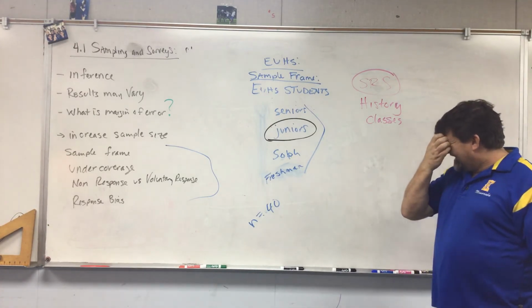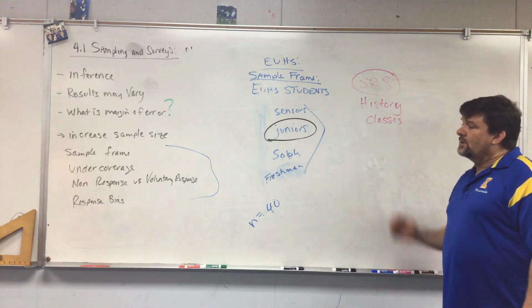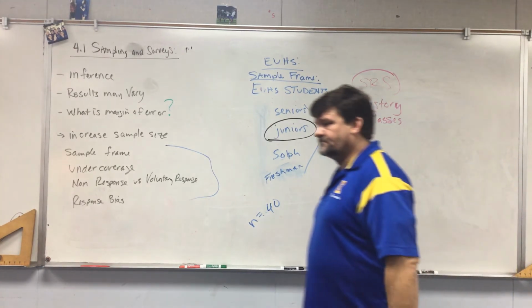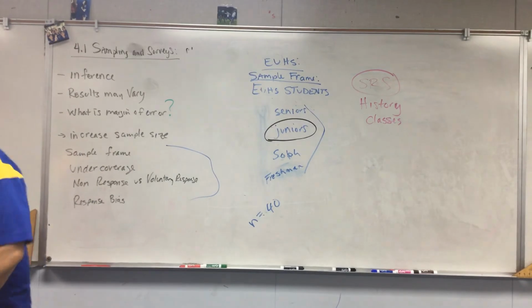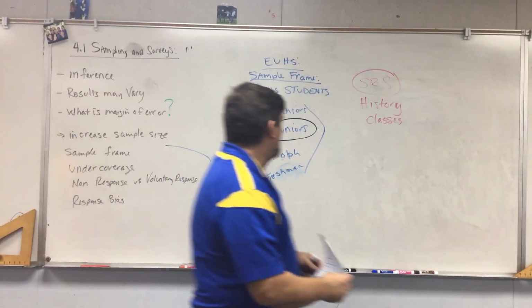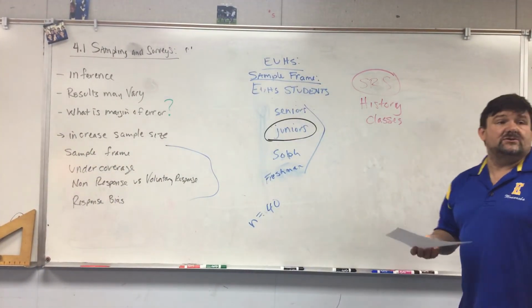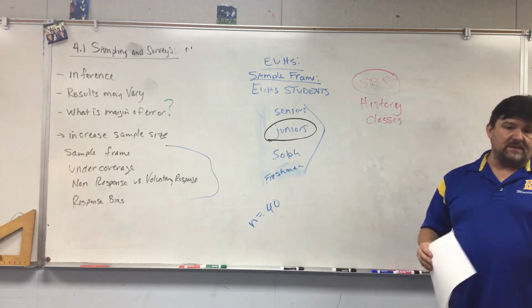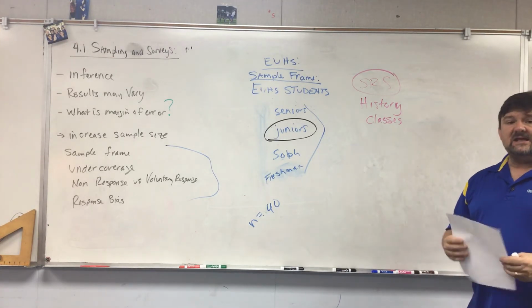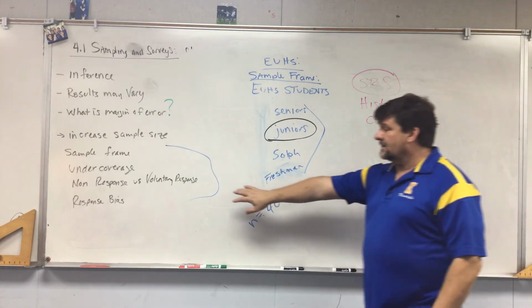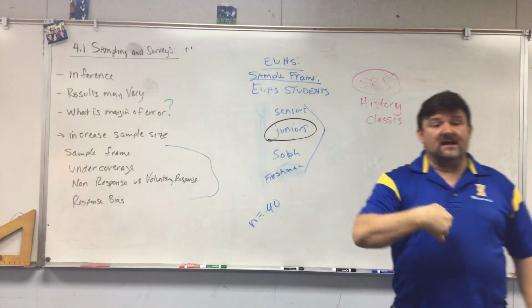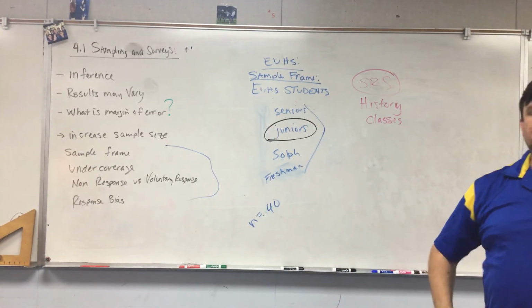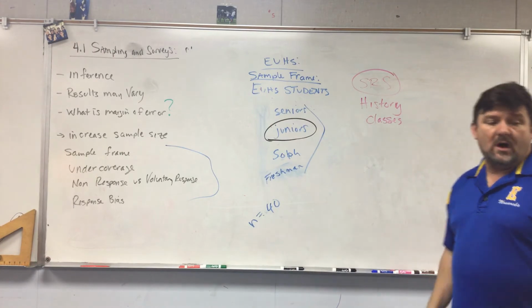So let's just say we walked in and we go, okay guys, I got my paper here. Who wants to answer a question? And then 5 people raise their hand. Well, that is what's called a voluntary response. Cool, they're going to answer the question. Nobody else wants to answer the question, and we walk outside.